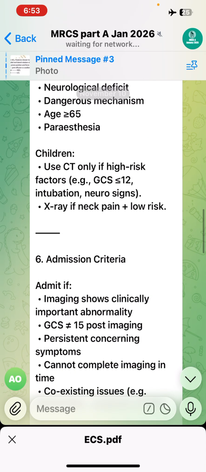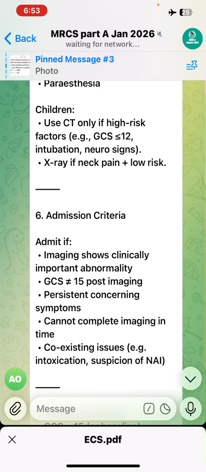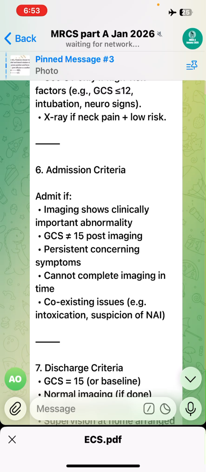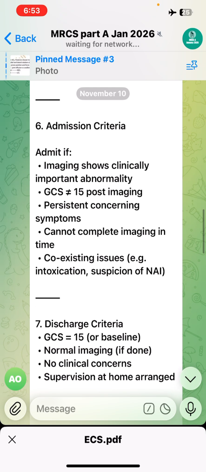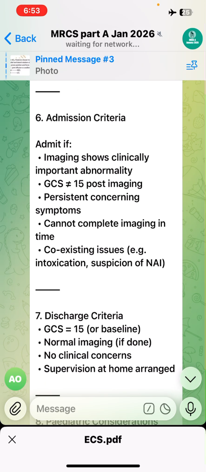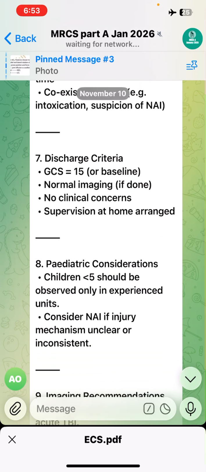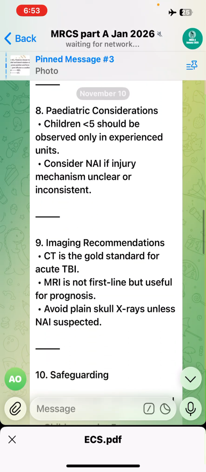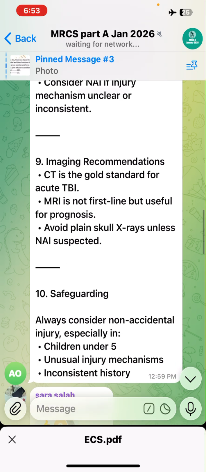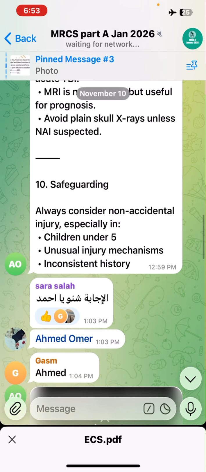Admission criteria: admit if imaging shows a clinically important abnormality, GCS after imaging, persistent concern, coexisting disease, intoxication, suspicion of non-accidental injury. Discharge criteria: baseline normal, no clinical concerns, supervision at home arranged. Pediatric patients less than 5: avoid imaging where possible. Always consider non-accidental injury in children.